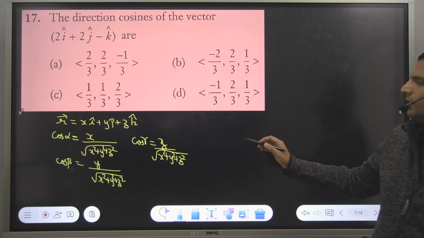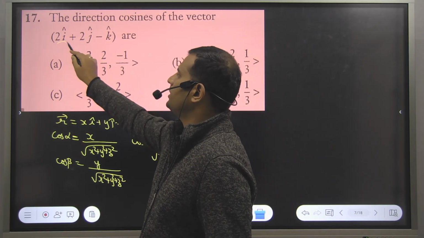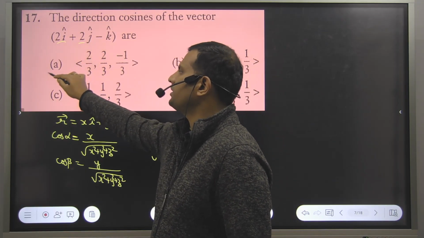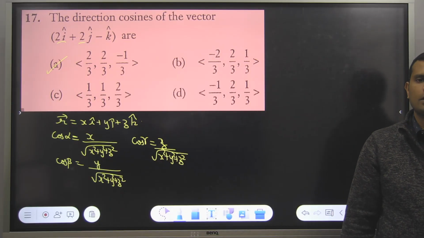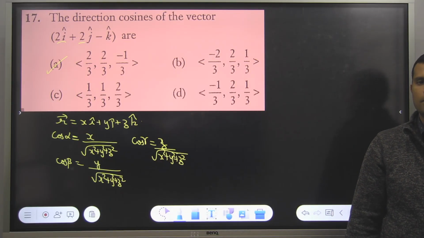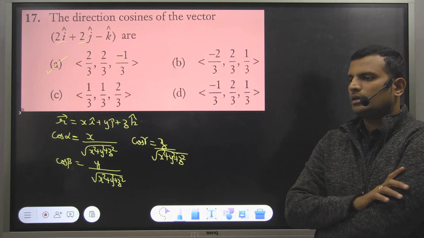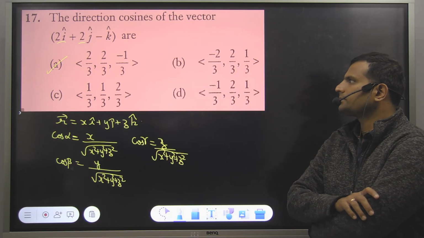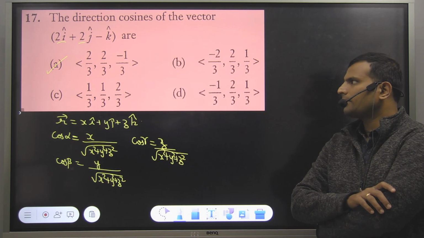Are you getting 2 by root 9? Root 9 is 3. So 2 by 3, 2 by 3 minus 1 by 3, which is option A. Yes or no, students? Students, please answer.